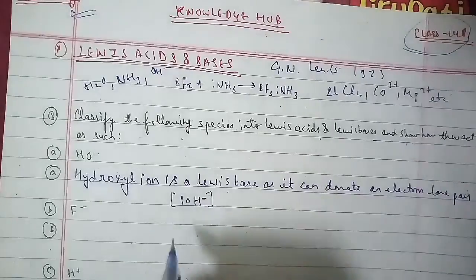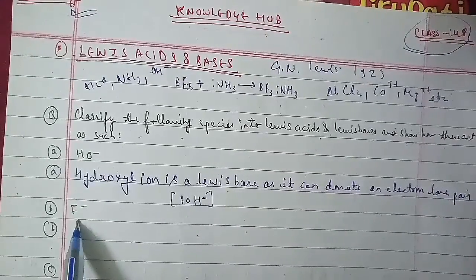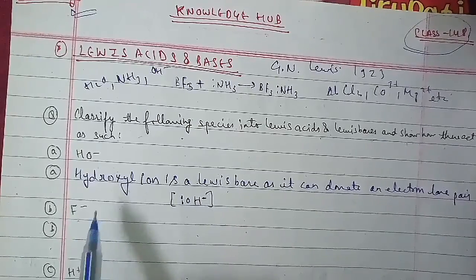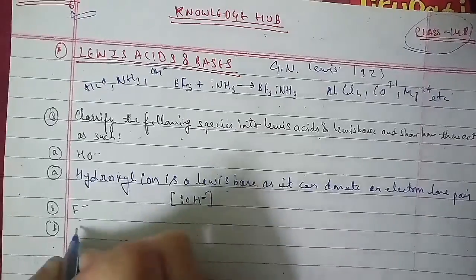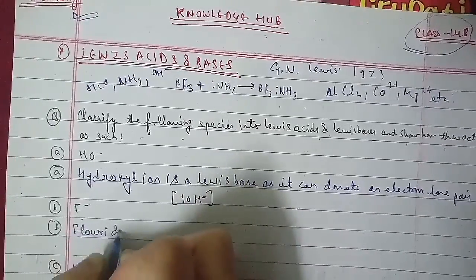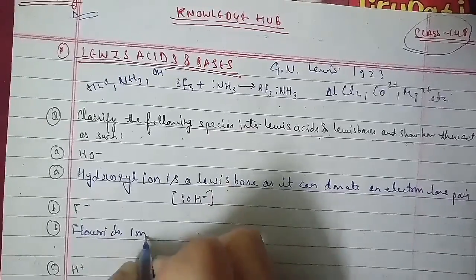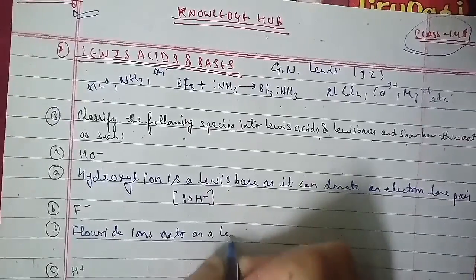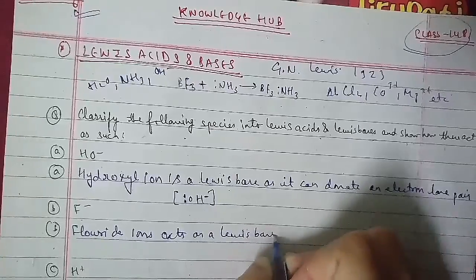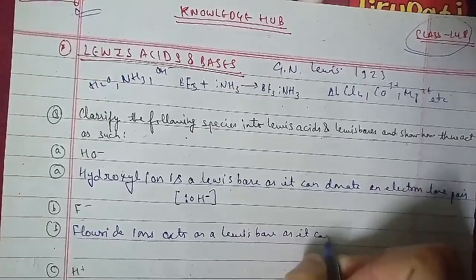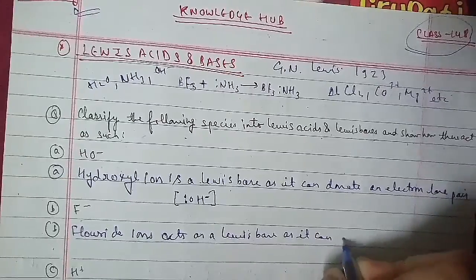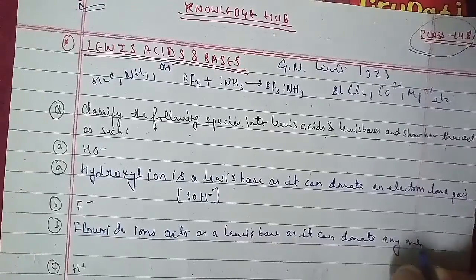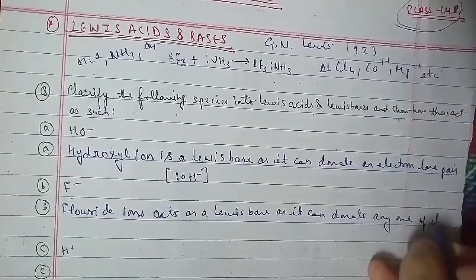You can just write it down: fluoride ions act as a Lewis base as it can donate any one of its 4 electron lone pairs.